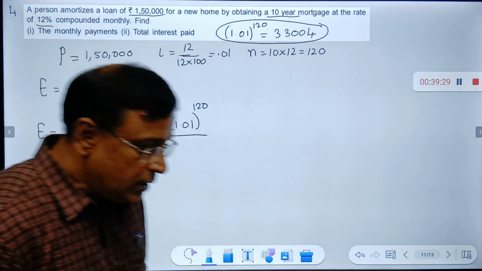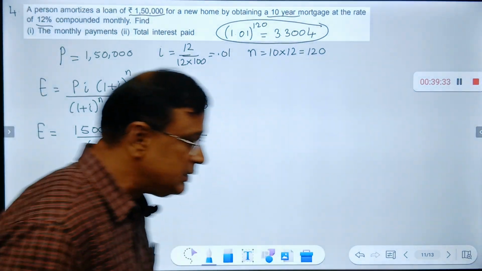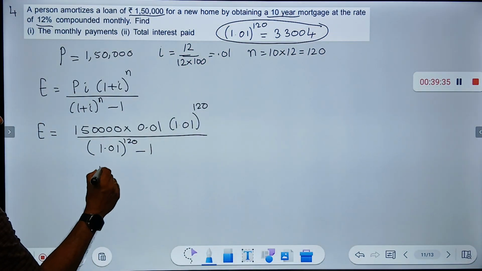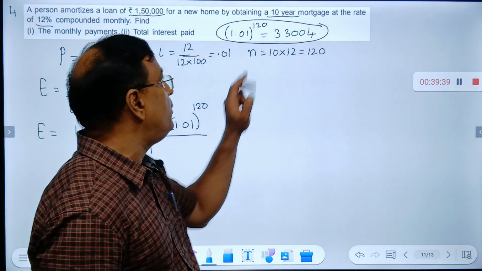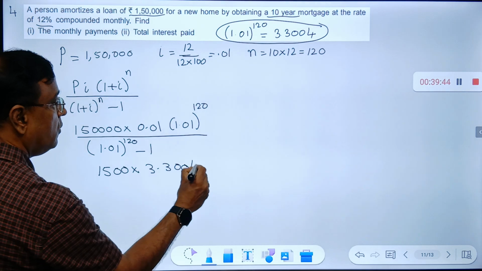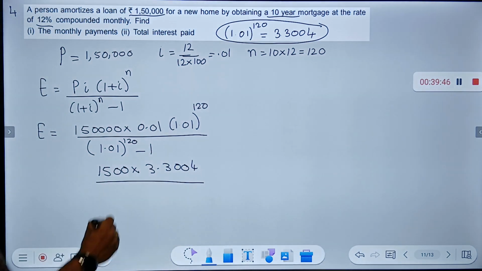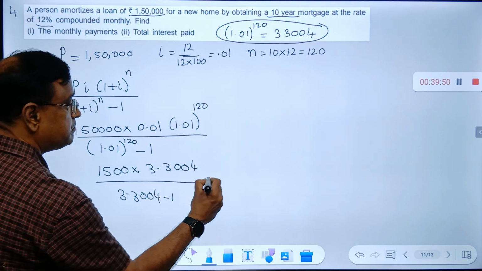Simple. Now what do you do? You multiply 1,50,000 with 0.01. You get 1,500 into, what is 1.01 to the power of 120? It is 3.3004 divided by 3.3004 minus 1.